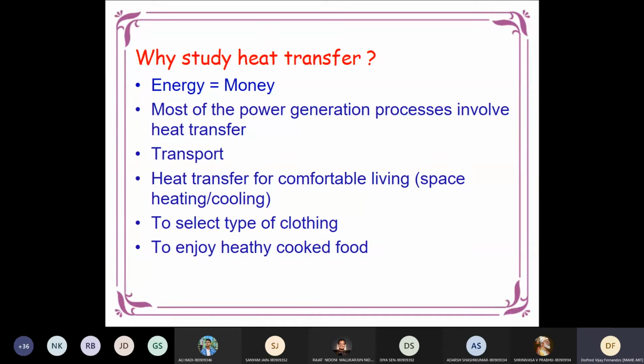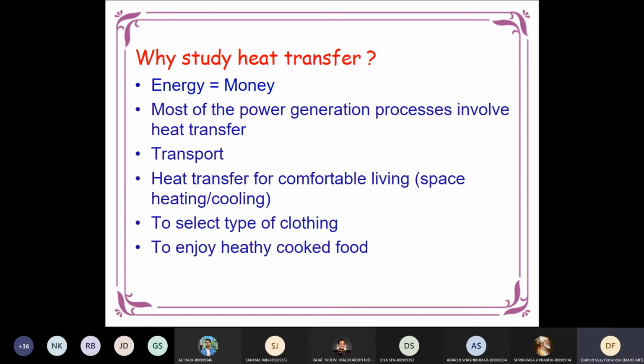So you check your current bill for the last month, and definitely it's going to increase in the next month because the summer is coming and we are going to use more and more fan or the air conditioner, right? But if you studied heat transfer and applied those concepts before constructing your house, then you can do much better in terms of saving energy, right?